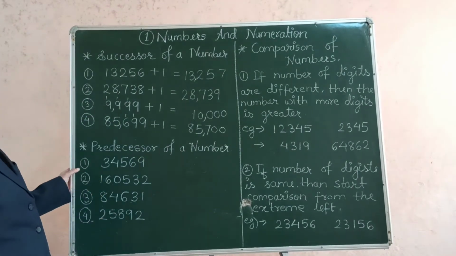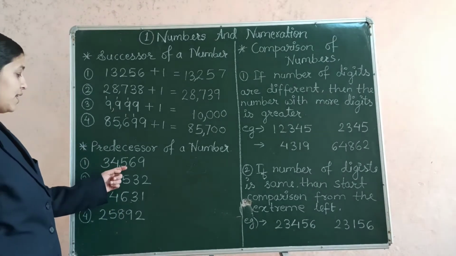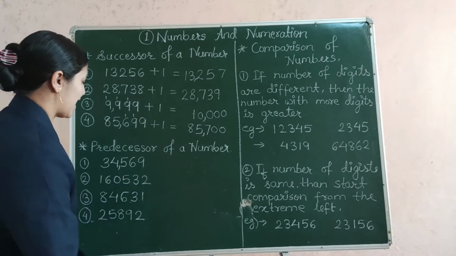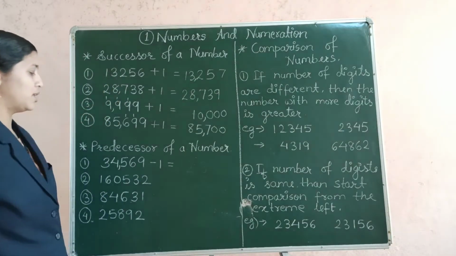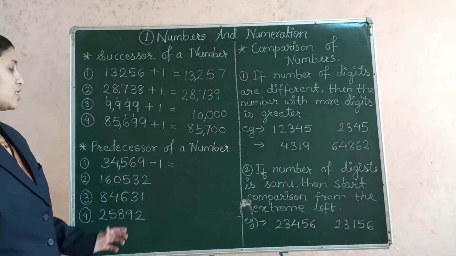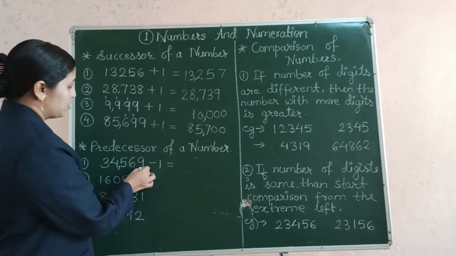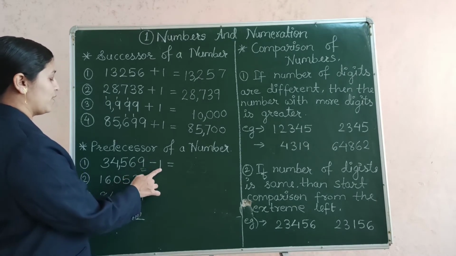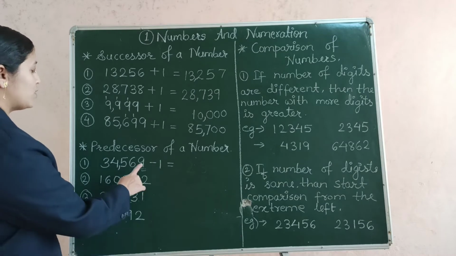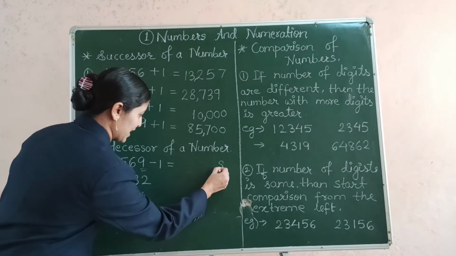Now here the first example is 34,569, and now we have to subtract 1 from this number to get the predecessor of this number. The number which is in ones place is 9. So we will subtract 1 from the 9. If we subtract 1 from 9, we will get 8.